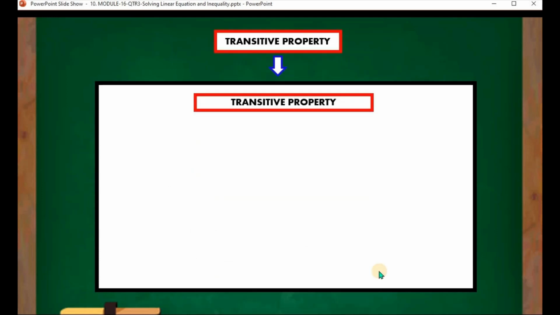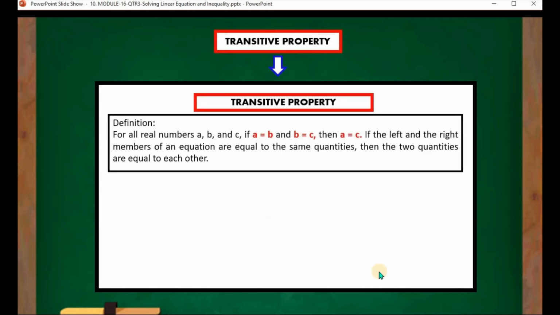Next, transitive. Ano naman yung transitive property? Listen very carefully kasi baka malito kayo. It involves 3 real numbers. For all real numbers A, B, and C. Tatlo. Let's have an example. For example, 9 plus 3 is equal to 12 and 12 is equal to 6 plus 6.